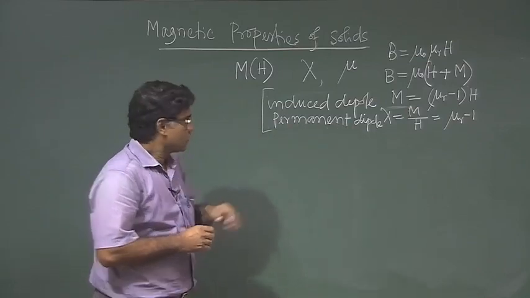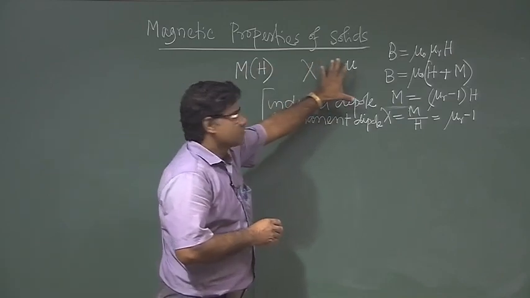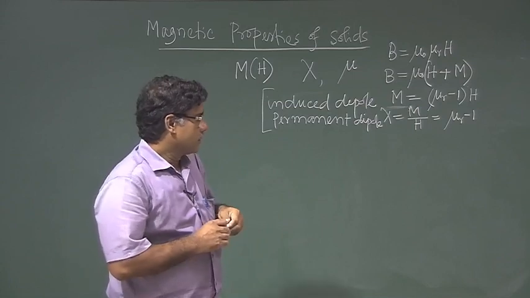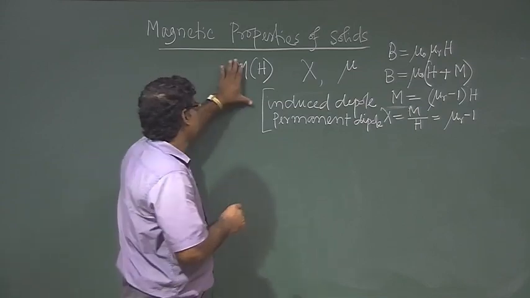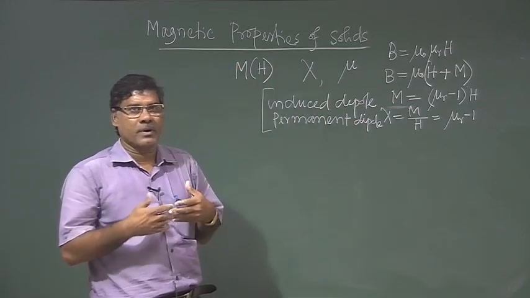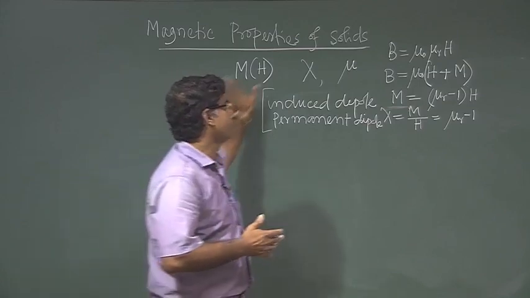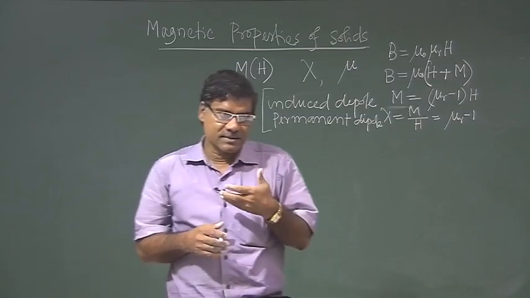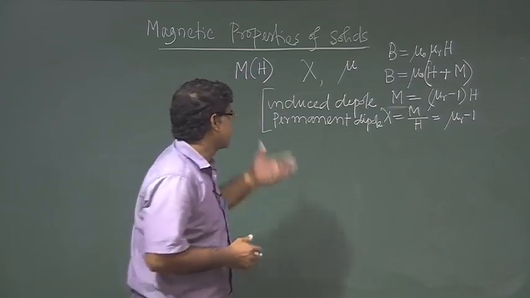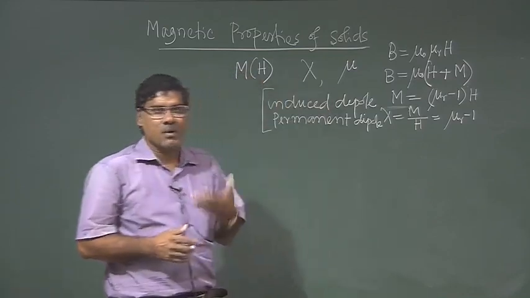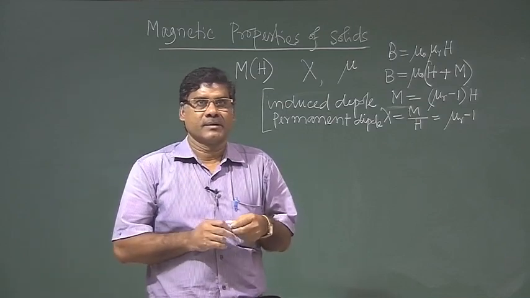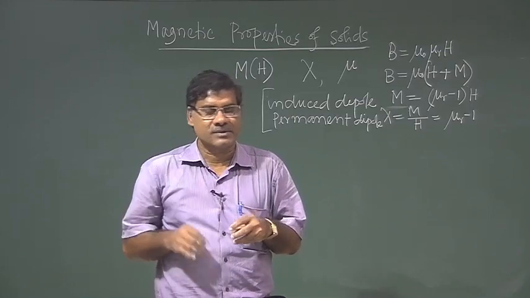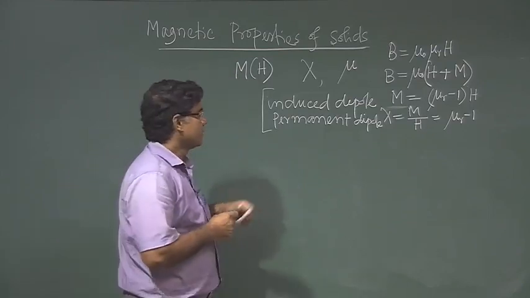So, to understand the magnetic property of a material, this is basically the macroscopic point of view from which one can define a magnetic material, but this macroscopic property comes from the microscopic property, that is the atomic level.